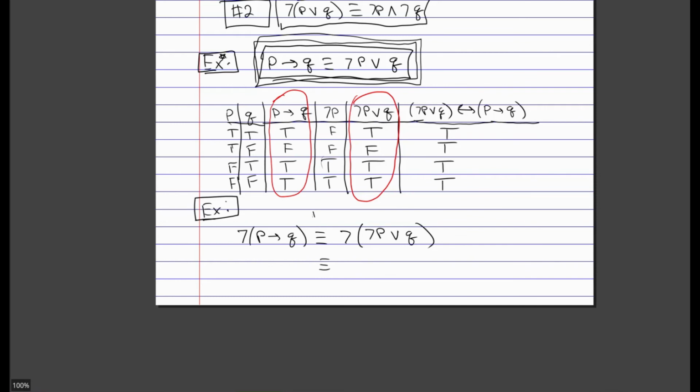So from star, we have that P implies Q is the same thing as not P or Q. Now it's De Morgan's law. So from De Morgan's law, we can say that the negation of not P or Q is the same thing as not not P and not Q, because this is De Morgan's law. We're saying that the negation of an or statement is the same as the negation of the first statement and the negation of the second statement.